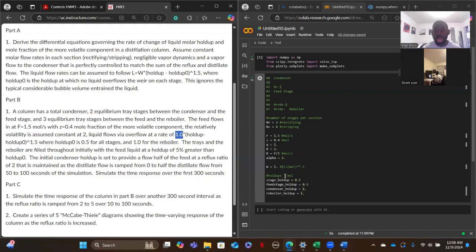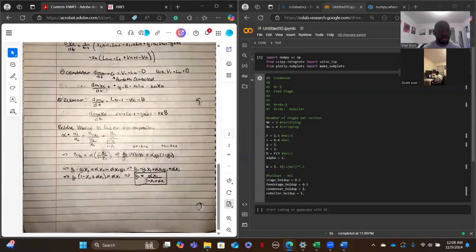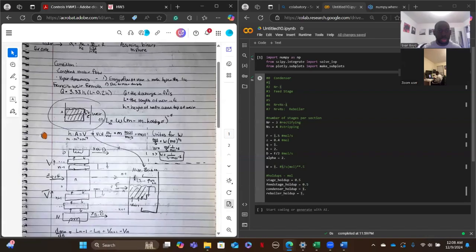And then how we got our units, and I have it shown here. For our weir, when we did our liquid minimum flow rate, if we try to calculate it, it would be our weir times our moles coming in minus our initial mole holdup, and then to the three halves for the exponent.